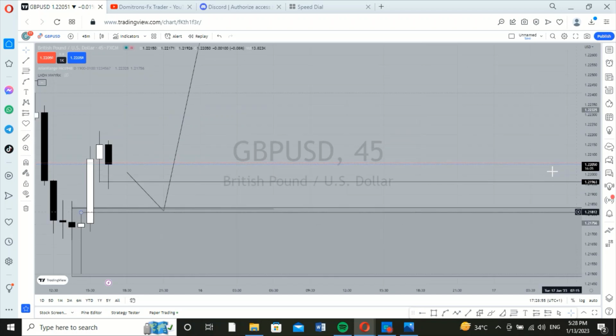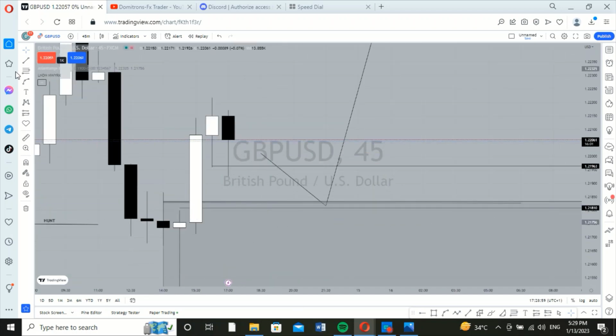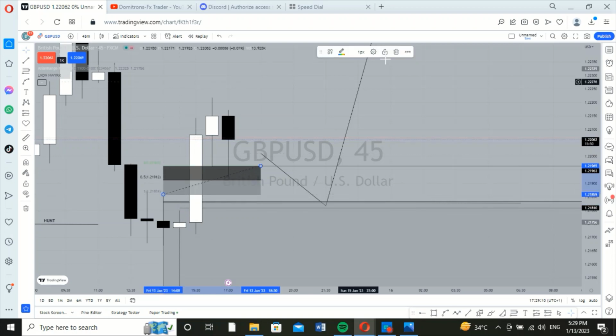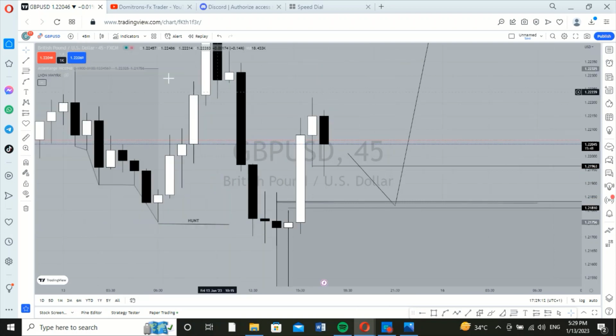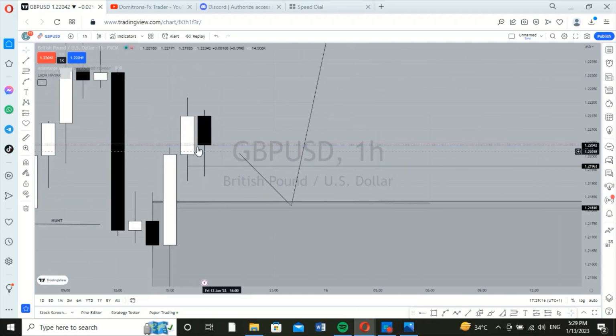So let's see if it traded into the 50%, because I'm not really sure that that is the 50%, right? So we mark right here. This is not the 50%, right? It is not the 50%. So I will take this out. Then let's check the 1 hour time frame. So on the 1 hour time frame, still the same thing.